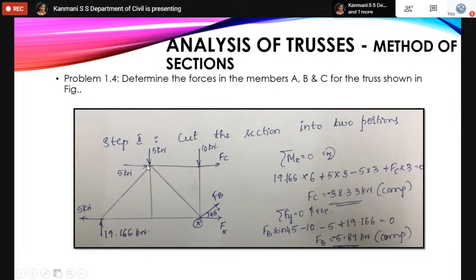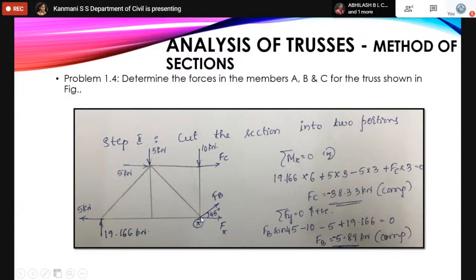Plus the next force, this horizontal force, is also moving in the clockwise direction. So plus 5 into distance 3. About the same point, this vertical force is moving in the anti-clockwise direction, so it is minus 5 into 3. And this 10 kilonewton is in the same line, so you will not get any perpendicular distance.